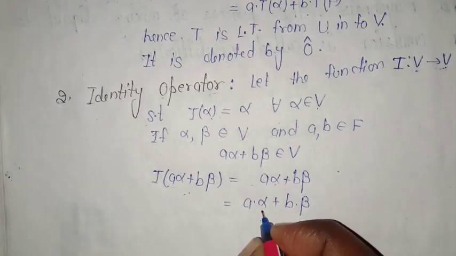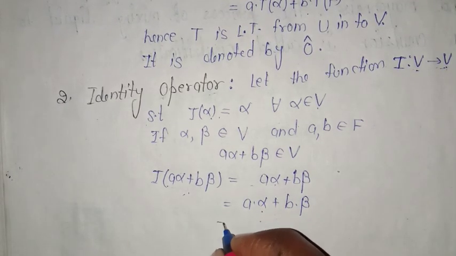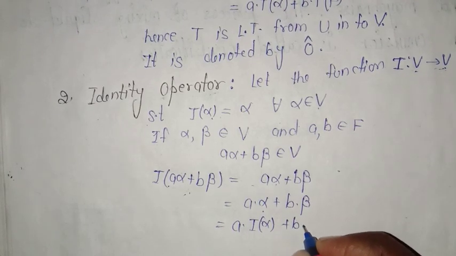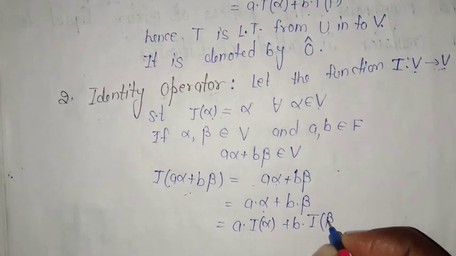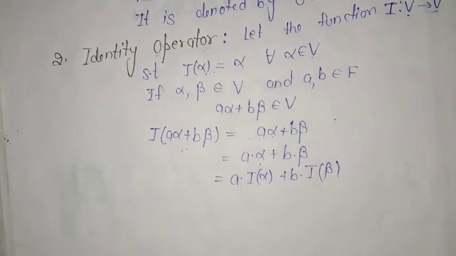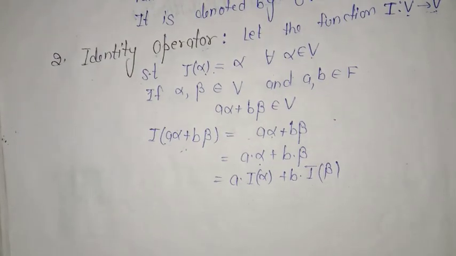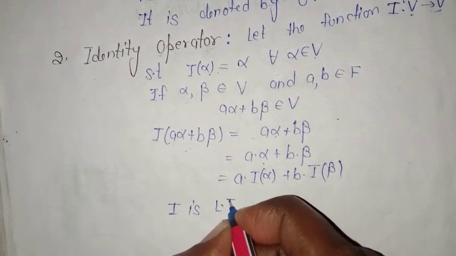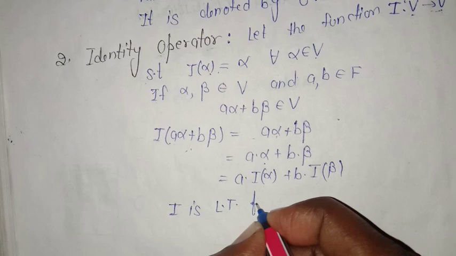Alpha can be written as I of alpha, so this becomes A dot I of alpha plus B dot I of beta. So the definition of linear transformation is satisfied. From here we can say that I is also a linear transformation from V into V.